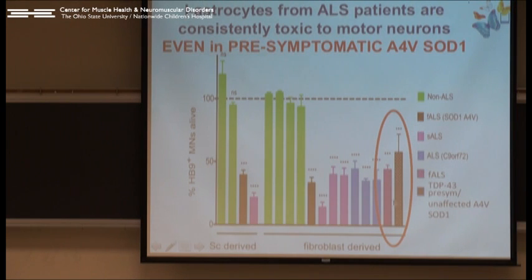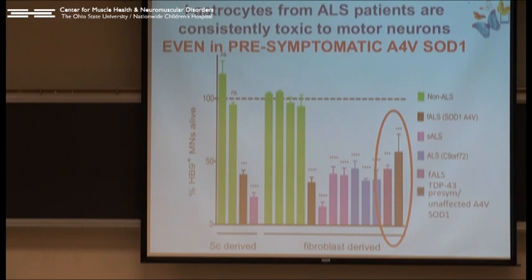Interestingly, even the TDP43 mutations in further work show similar astrocyte-mediated toxicity. And this is quite interesting in that this is a patient that has an A4V SOD1 mutation. It's not a patient; it's a member of a family that has the A4V SOD1 mutation that is not showing the disease yet clinically.